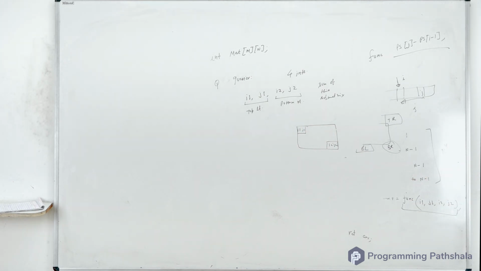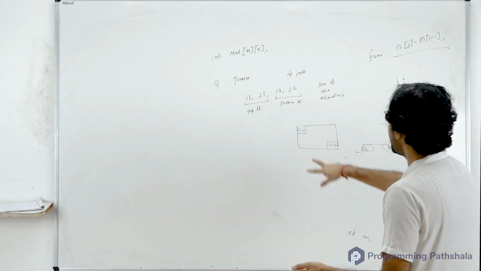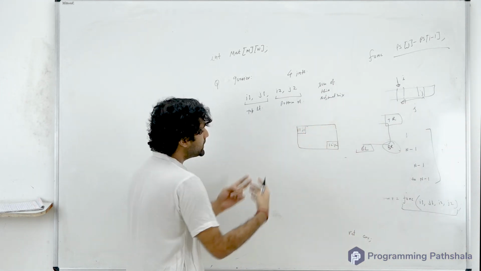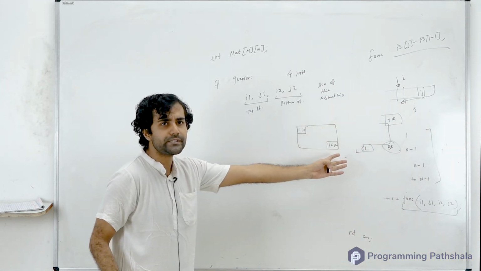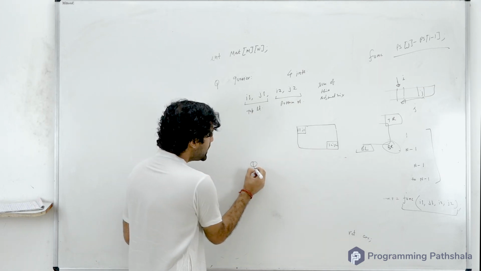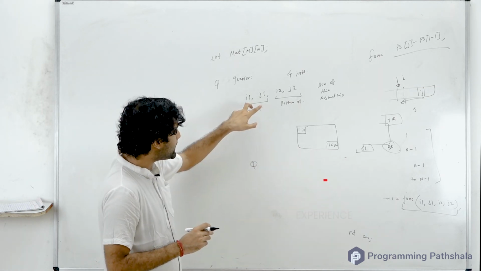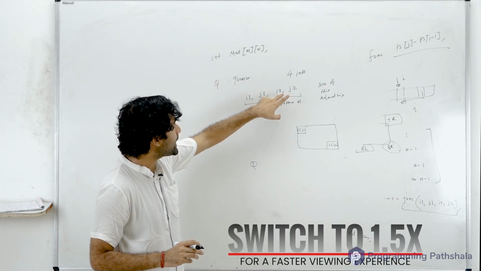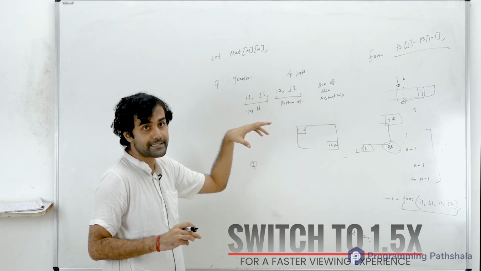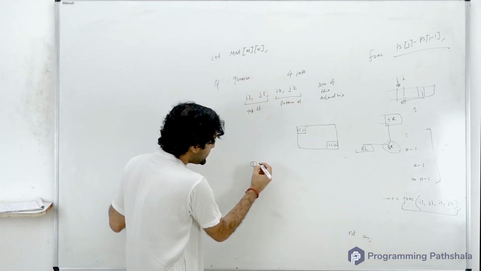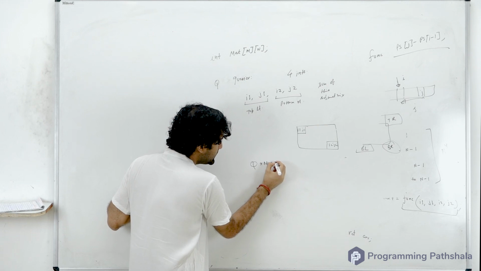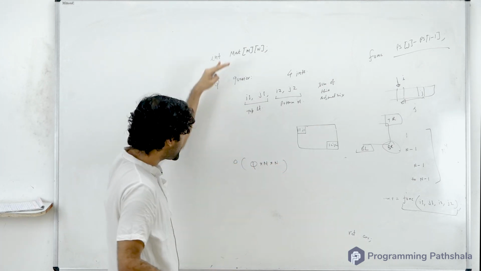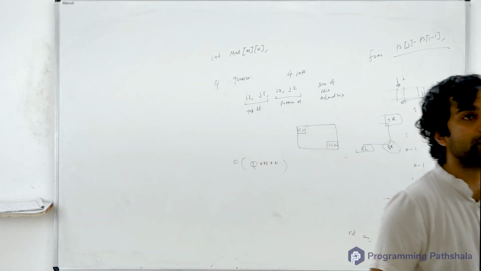So what do I do here? Yeah, tell me. Everyone can solve it in a brute force manner: given I1, J1, I2, J2, just figure out the sum from I1, J1 to I2, J2, and there are q queries. In the worst case, your I1, J1 can be 0, 0 and I2, J2 can be m minus 1, n minus 1. For that case, it will take m into n. So if I do that in the worst case, the overall time complexity of executing all the q queries will be q into m into n.